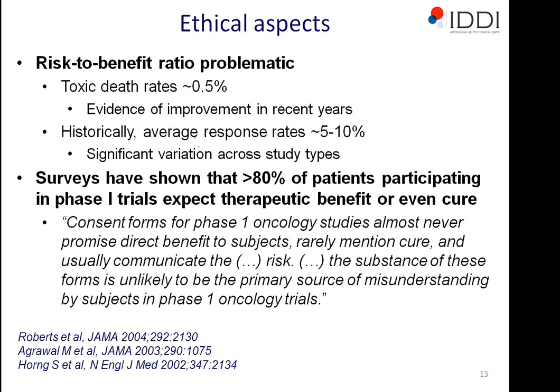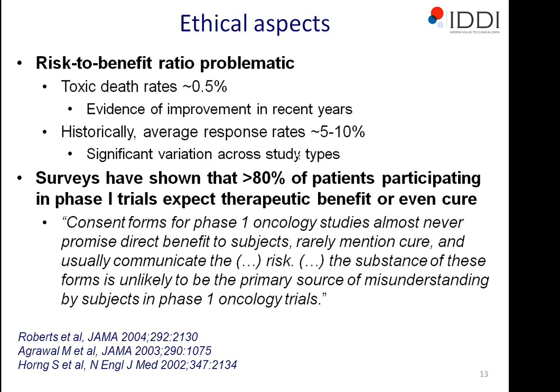The historical average toxic death rate is in the range of 0.5%, although there is good news in the sense that this has been improving in recent years. On the other hand, the average response rates in phase 1 trials are in the range of 5 to 10%. However, there's significant variation across study types, but most patients, in other words, will not derive an immediate benefit from participating in such trials.